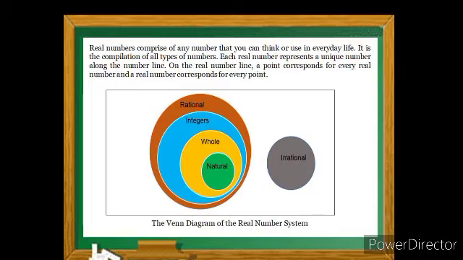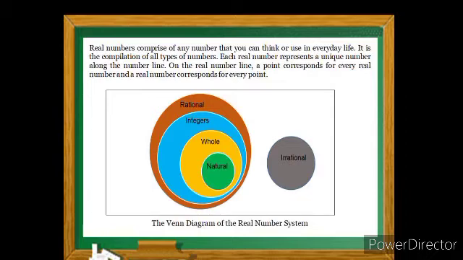So for real numbers, there are two givens. One is for the irrational and one for the rational. Under rational, we can say that a rational number is composed of integers.